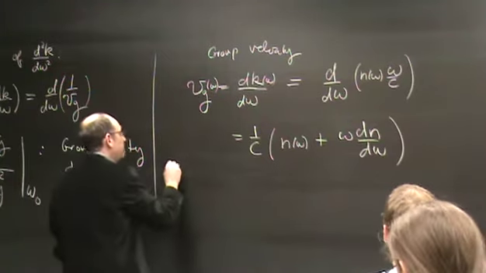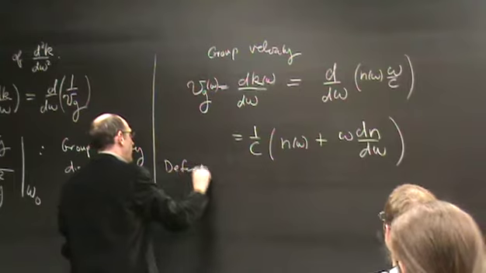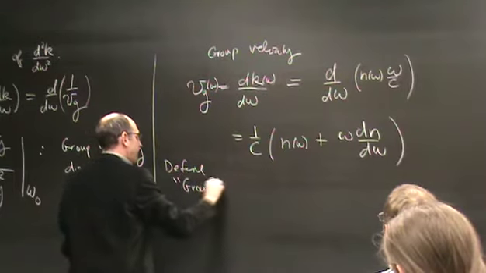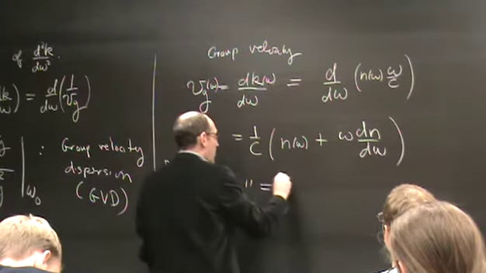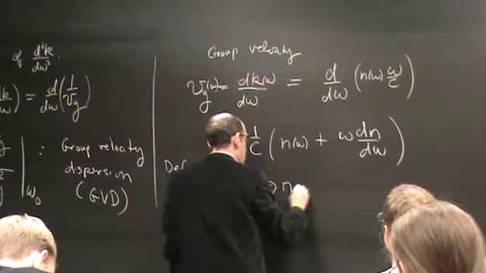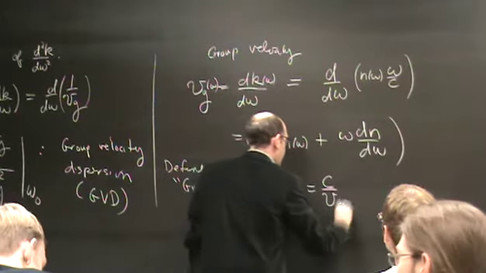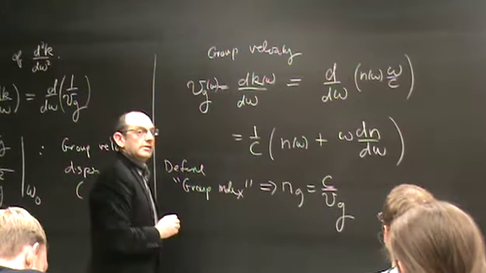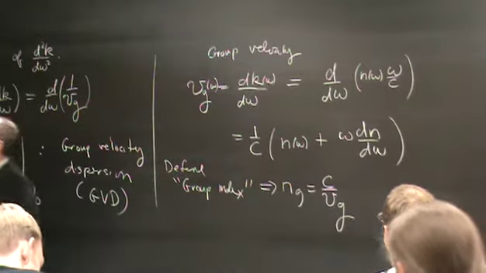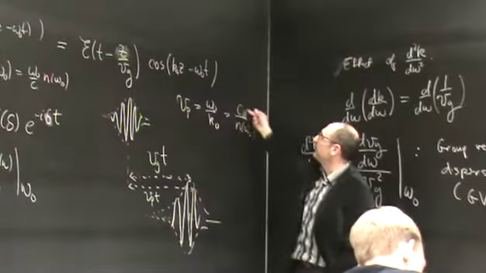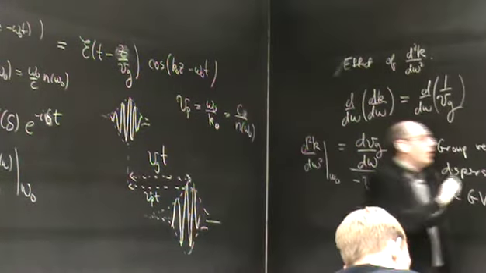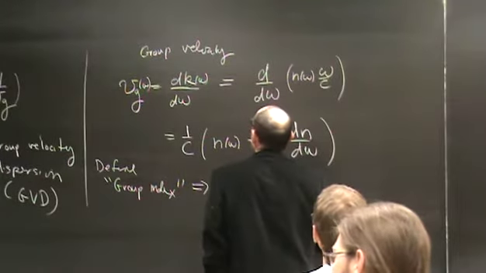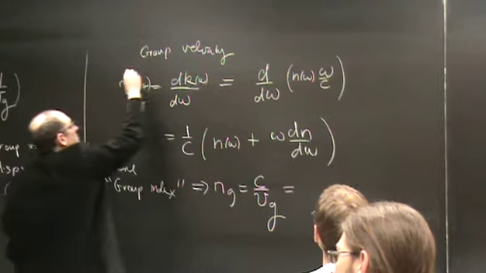So we can define what we call the group index of refraction as the ratio of c to the group velocity, unlike the index, which is defined in terms of c over phase velocity. This is what is called the group index. And that then is equal to, I'm sorry, this is 1 over, pardon me.